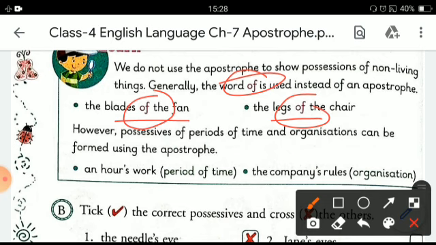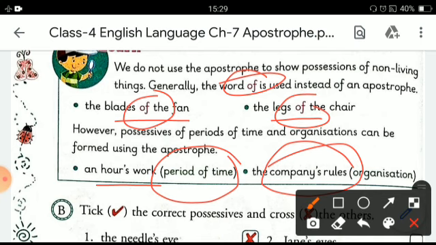Here we have used the word of to show possession of objects like the fan and chair. However, possessives of periods of time and organizations can be formed using the apostrophe. An hour's work shows a period of time. The company's rule shows possession by an organization.